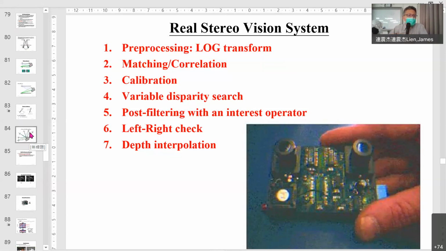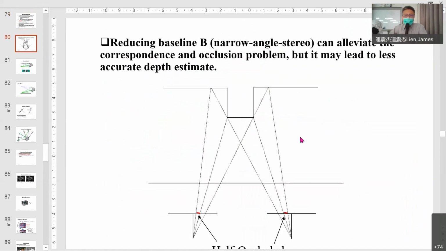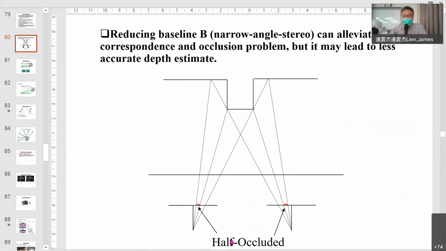occlusion. Stereo has this difficult situation, which we call half occlusion. It means in the left image you can see this side of the object but cannot see this one, and in the right image you can see this one but cannot see the other side.